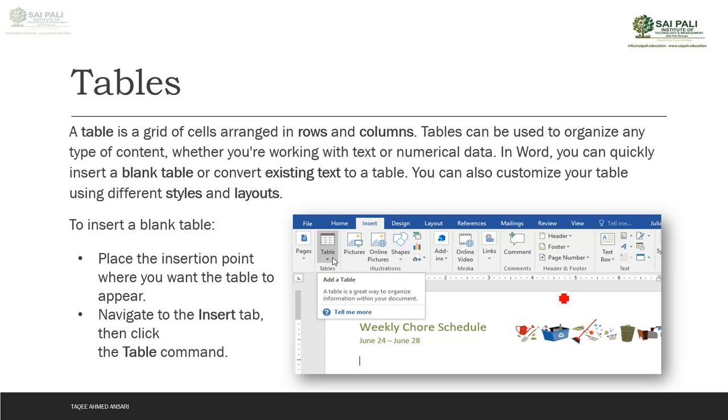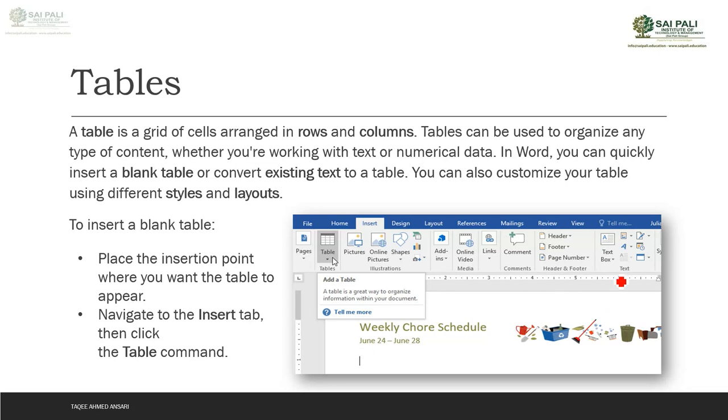So we can create a new table, or if we have existing text in our document, we can convert it into a table also. And what are tables? It's a grid of cells. Grid of cells means one box in a table is called a cell. So it's a grid of cells arranged in rows and columns.